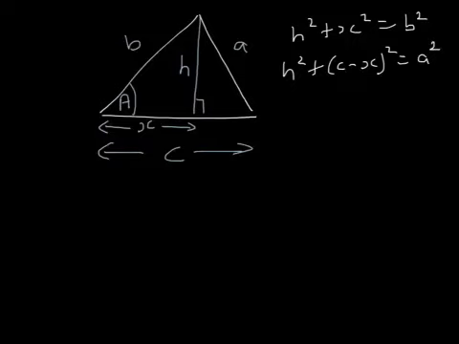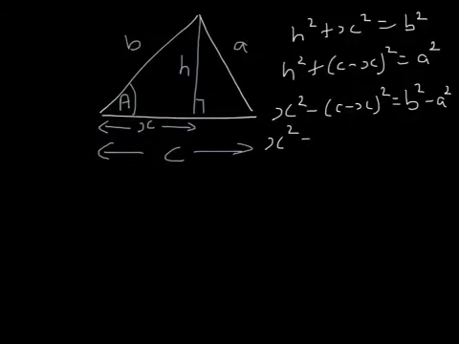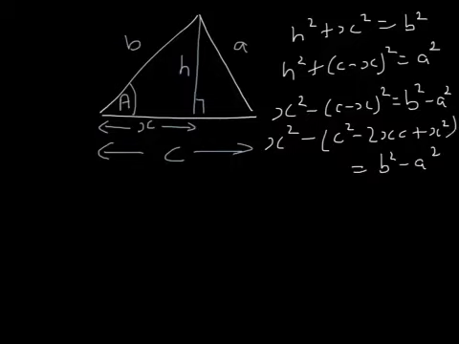Let's now subtract these two equations. The h squareds disappear, so I get x squared minus (c minus x) squared equals b squared minus a squared. Let's now expand that bracket: x squared minus, and then I get c squared minus 2xc plus x squared, that equals b squared minus a squared.